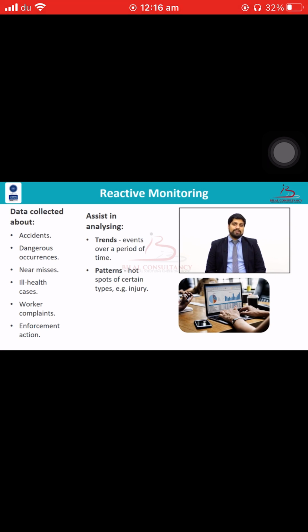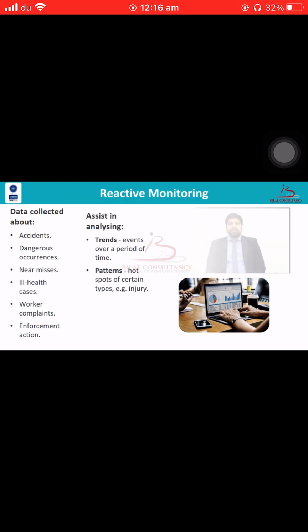For example, incident 1 resulted in a head injury, incident 2 resulted in an arm injury. So by analyzing these trends and patterns, you can evaluate the type of incident and the type of control measures you have to put in place in future to avoid these incidents.